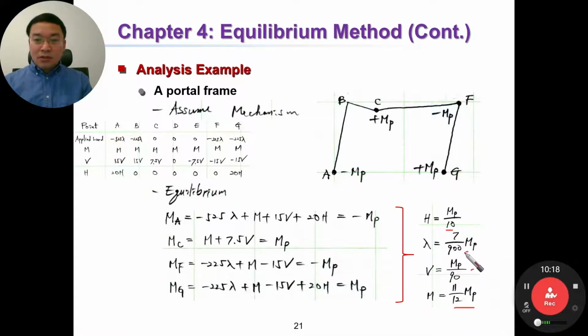Okay, so remember this. It is the load factor depending on MP. If we have MP, we have lambda.